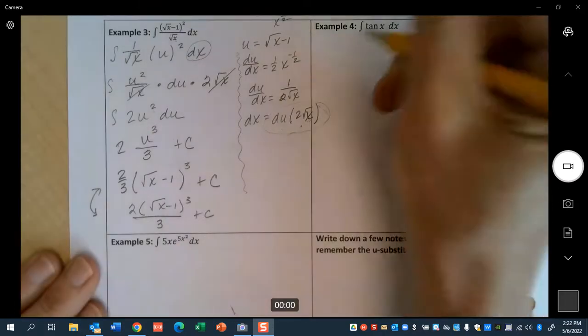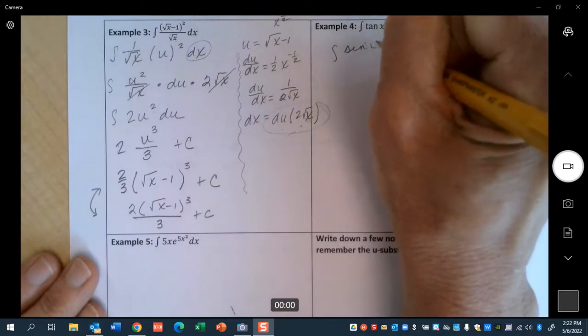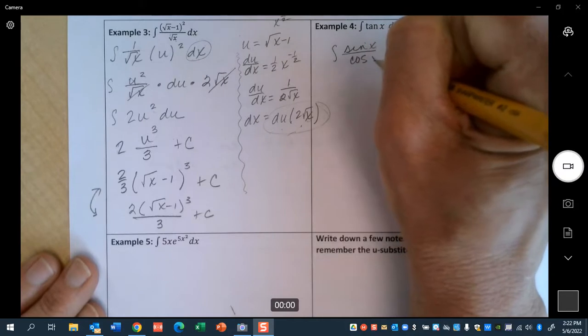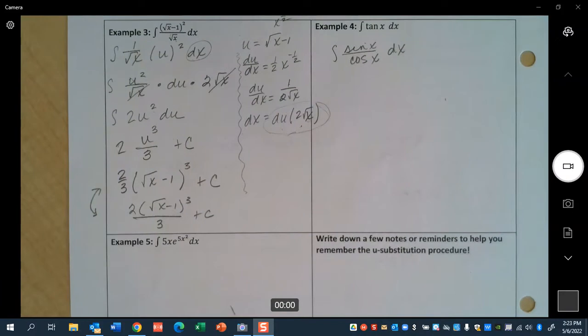So what I have to do instead is find the integral of my sine of x over my cosine of x dx. So I have to rewrite that. Now, knowing that I need to plug something back in and do some more math and have some magic happen where it all works out, I have to make a decision about, am I going to have my u represent my sine or my cosine?